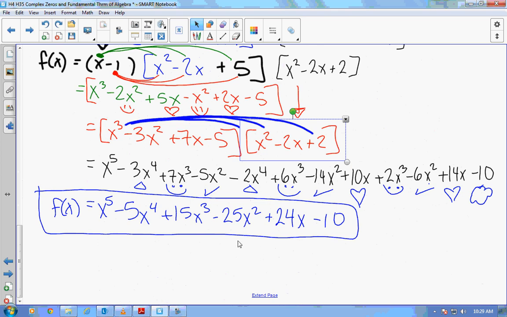I would like everyone doing this, please. Get a calculator. There's calculators in the front. Please get one. X to the 5th minus 5x to the 4th plus 15x to the 3rd power minus 25x squared plus 24x minus 10.